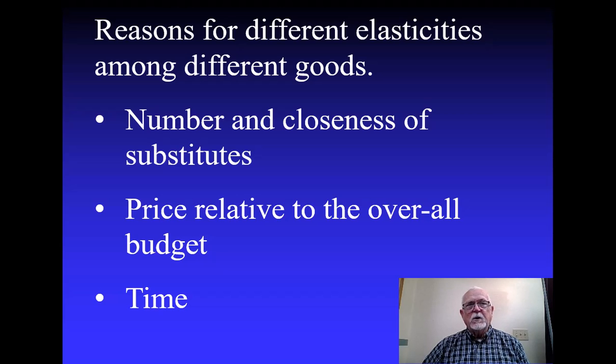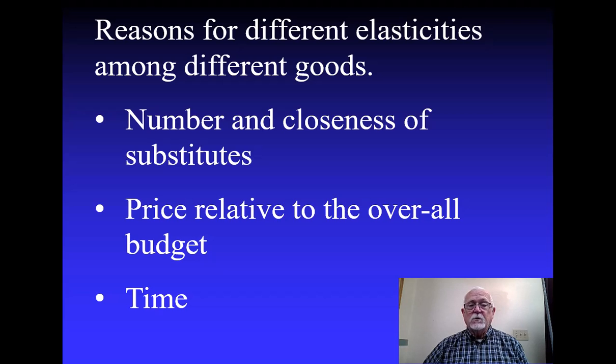And also, let's say salt goes up by 50%. Well, it's such a small price anyway for a container of salt. That's not going to be a big hit on your overall budget. But let's say the price of a car goes up by 50%. Yeah, that's big time.